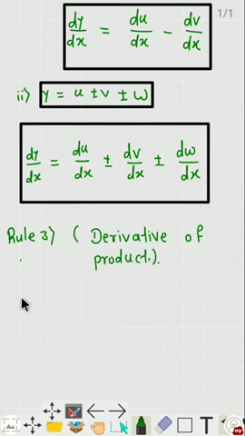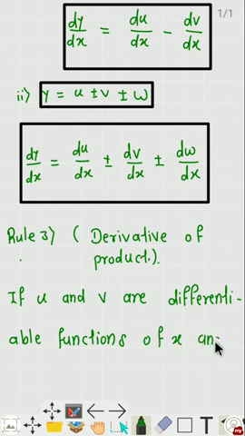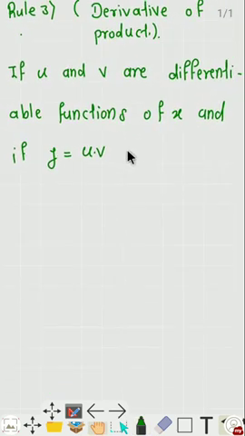So in this case, we state this rule: if u and v are differentiable functions of x, and if y is a product of u and v, y is equal to uv, then how to write derivative of y with respect to x?